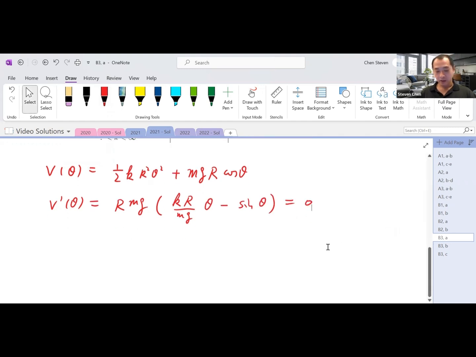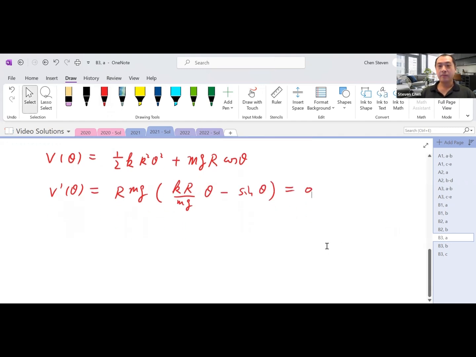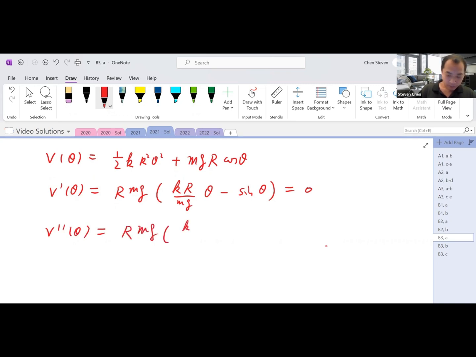Okay, so this is the first order derivative, and we will see for what theta it is equal to 0. We'll do it in a moment, because later we still have to compute the second order derivative. So let me first compute it and put it here. Later we will use it to check whether it is positive or negative at every equilibrium point. So this is equal to this, okay?